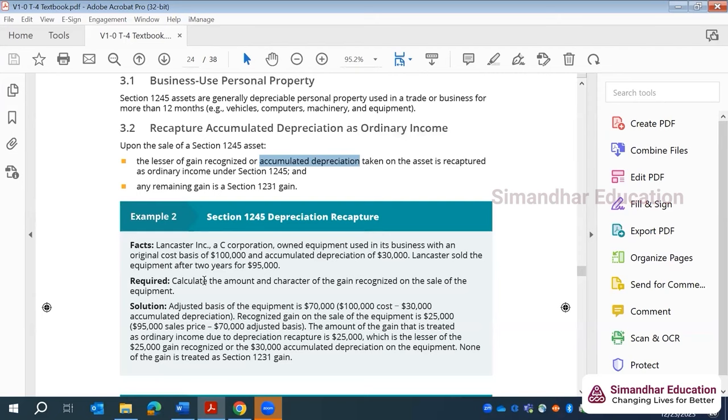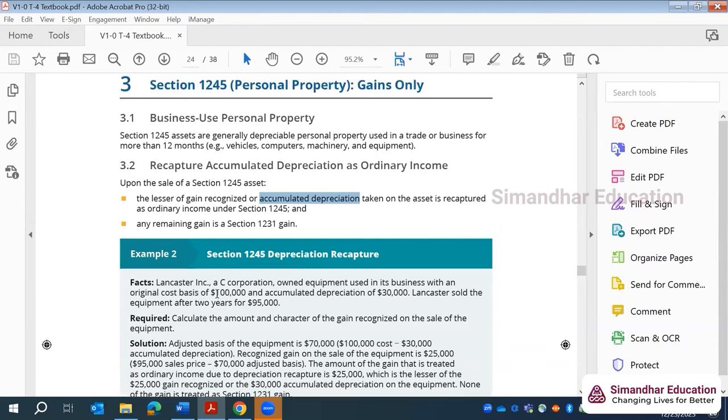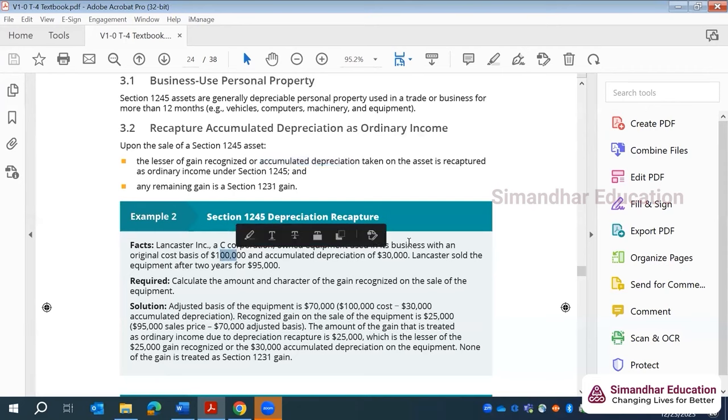Lancaster Inc., a C corporation, owned equipment used in its business with an original cost basis of $100,000 and accumulated depreciation of $30,000. Lancaster sold the equipment after 2 years for $95,000. First of all, what is my adjusted basis in the property? I bought it for $100,000 and I have depreciated it for $30,000, so my adjusted basis is $70,000.